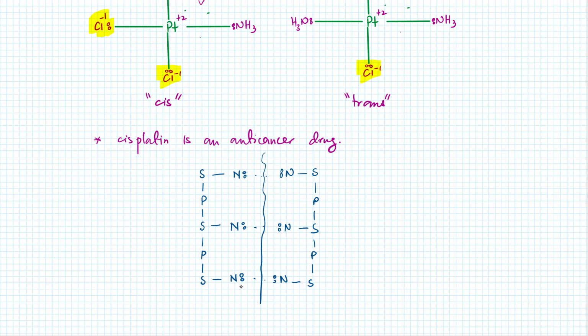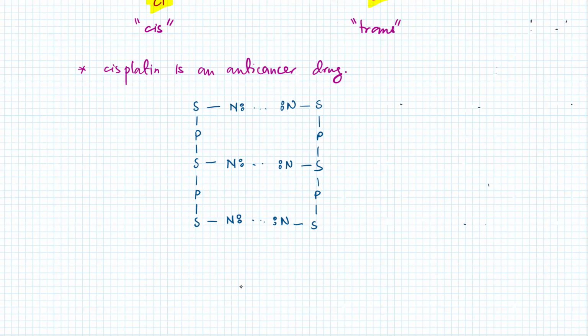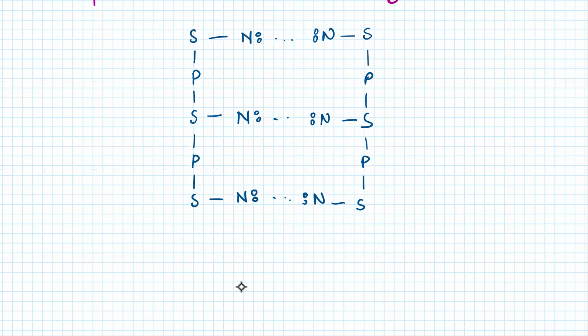So if the DNA is damaged, you want the DNA not to replicate. You don't want it to unzip. You don't want it to split. You want to prevent cell division, right? So the way cisplatin does this is through ligand exchange. The platinum comes in, with the Cl-1 that was already attached to it, and you had ammonia, right?